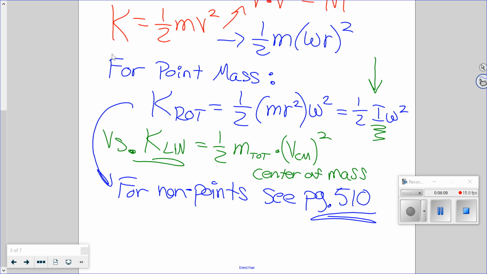Instead of m r squared, this is actually 1 times m r squared, and we're just too lazy to write the 1. It's 1 for a point. And it's 1 for a hoop, because all the mass is distributed right at the radius. But for a solid disk, it's actually 1/2. Did we do that in first year physics? And for a sphere, it's 2/5. So it's just some fraction times the total mass times the radius of the object squared.